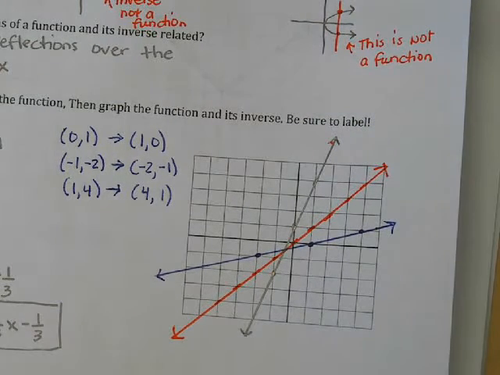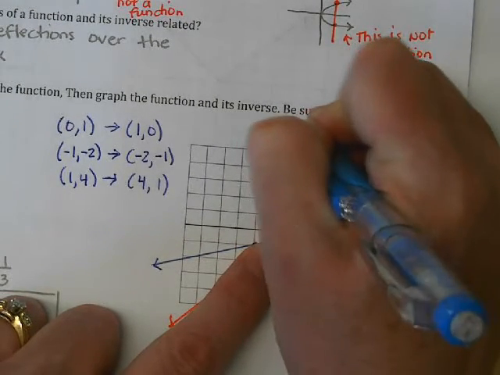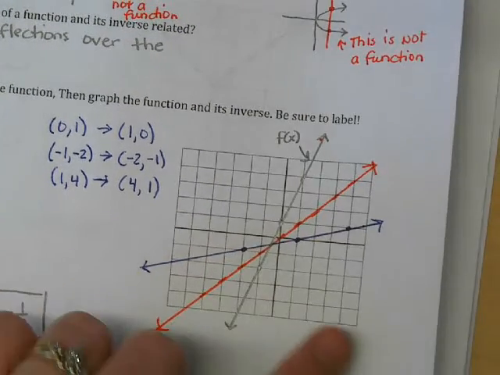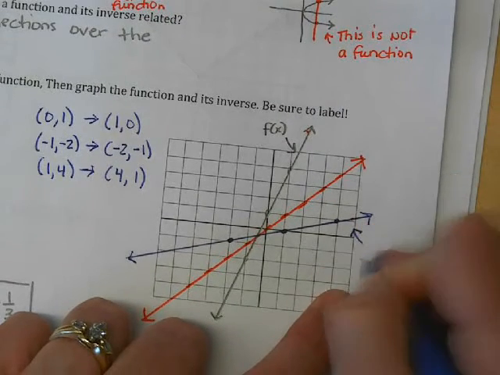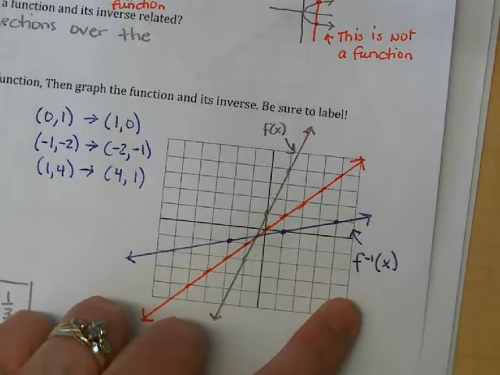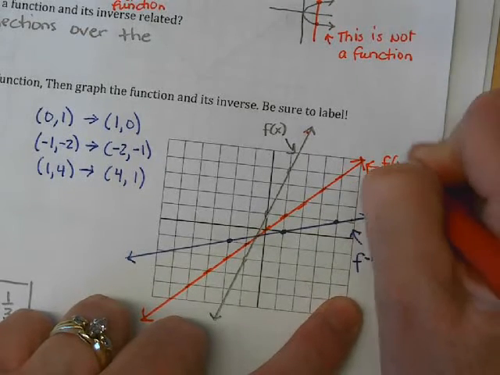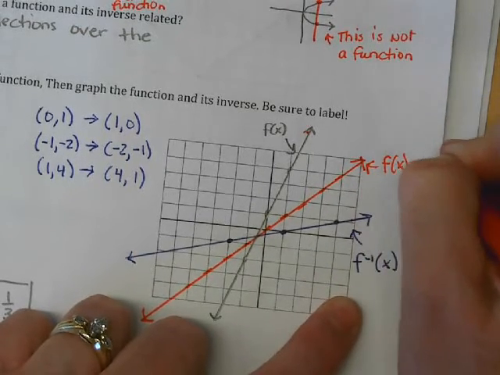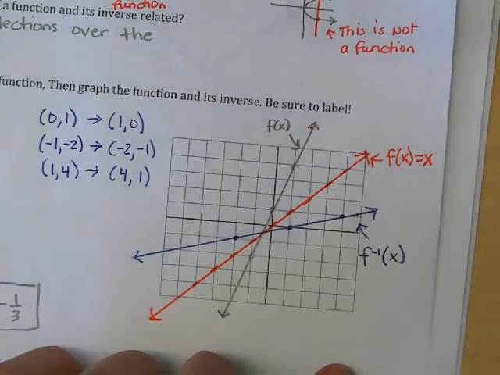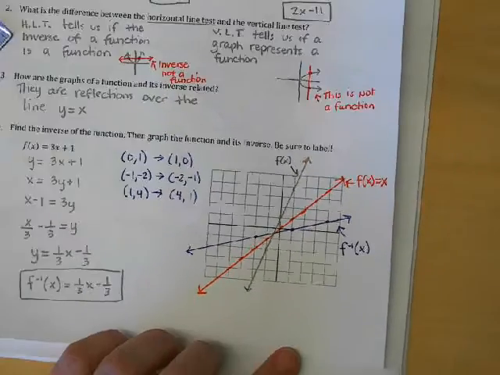I always want to make sure I'm labeling it: this right here was the original function, f of x. This right here is the inverse function. And this right here is the line y equals x. We could just say f of x equals x.